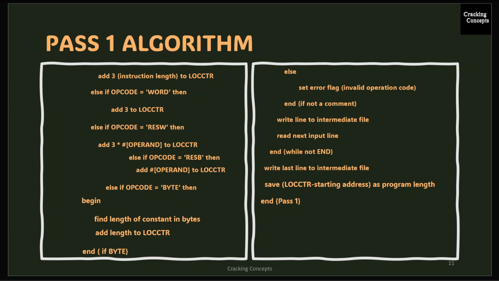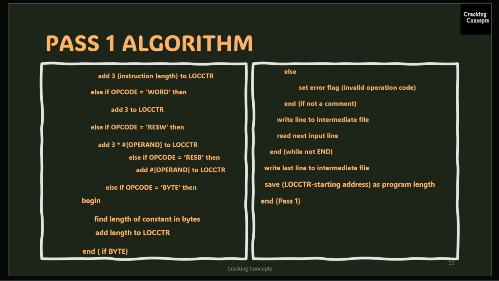If the opcode is word, then also 3 is added to the location counter. If the opcode is a reserve word, then it will multiply 3 with the operand and add it to the location counter. Else, if the opcode is a reserve byte, it will simply add the operand to the location counter.